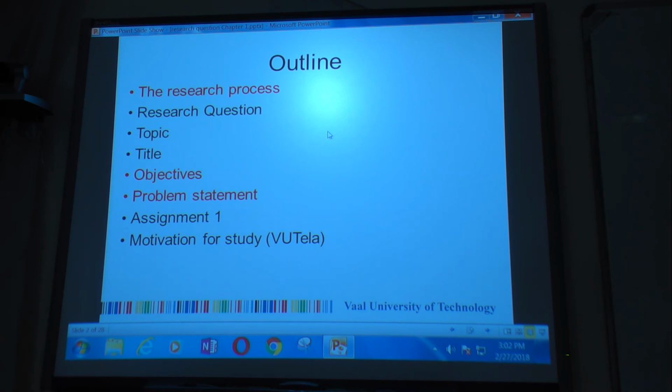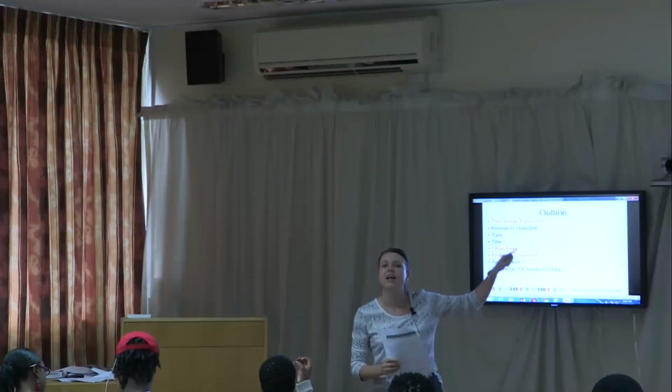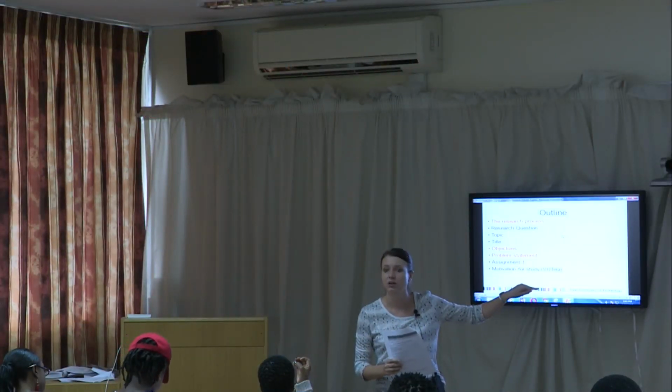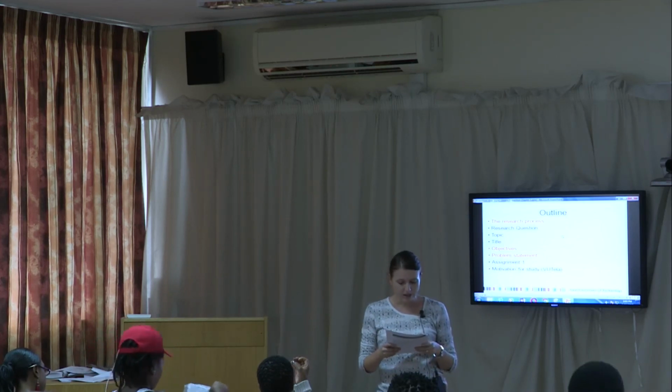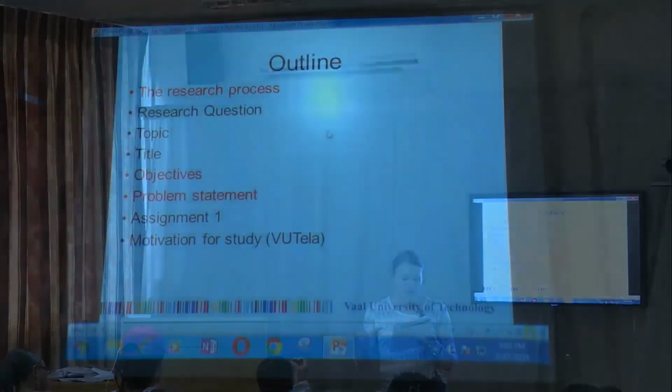What are the key success factors for marketing a tourism establishment in Lesotho? I converted it into a research question. That's also your problem. Remember, at the end of that problem statement, there was a question. So you can include that question in your problem statement. The question counts 5 marks.